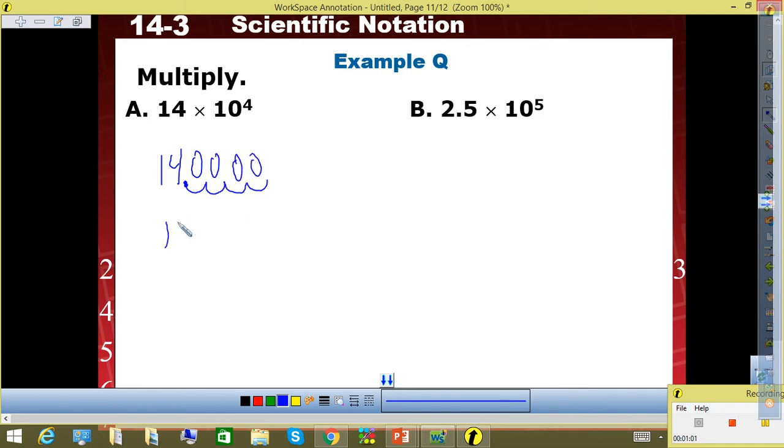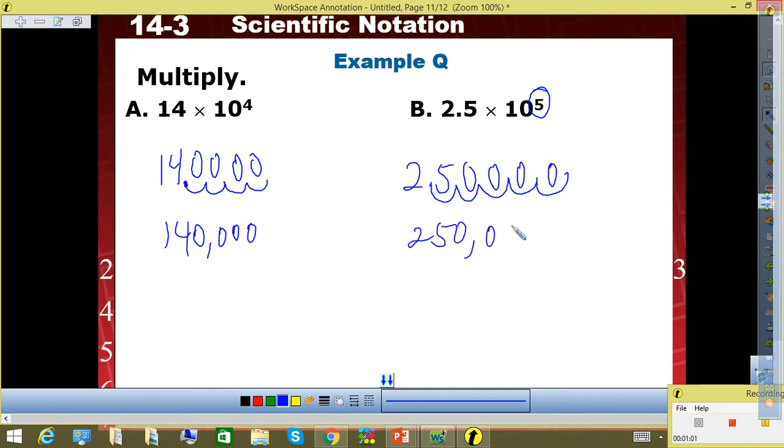So my new number is 140,000. Remember that? Yeah, we did this already, right? Same thing with this one, 2.5, and now we're going to move the decimal how many times? 5 to the right, 1, 2, 3, 4, 5. Add some zeros, so therefore this is 250,000, and that's what we did before, right? But notice that the exponents were all what?